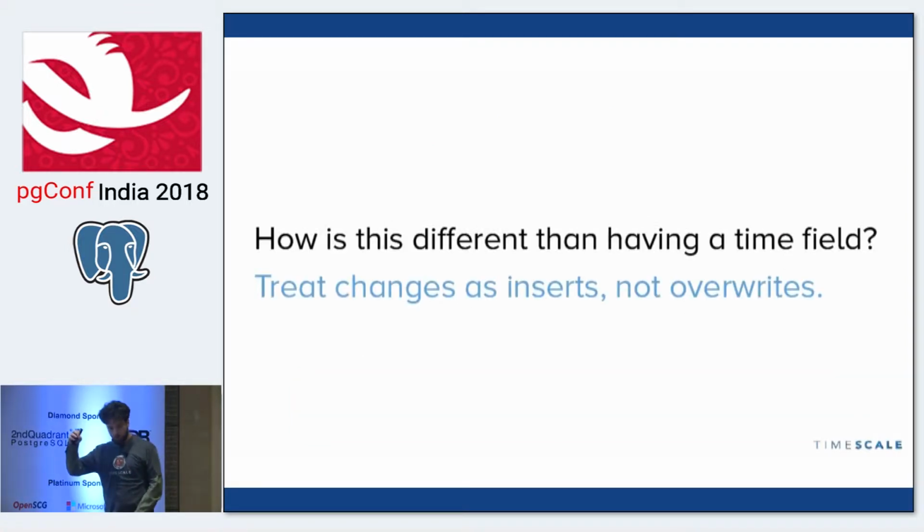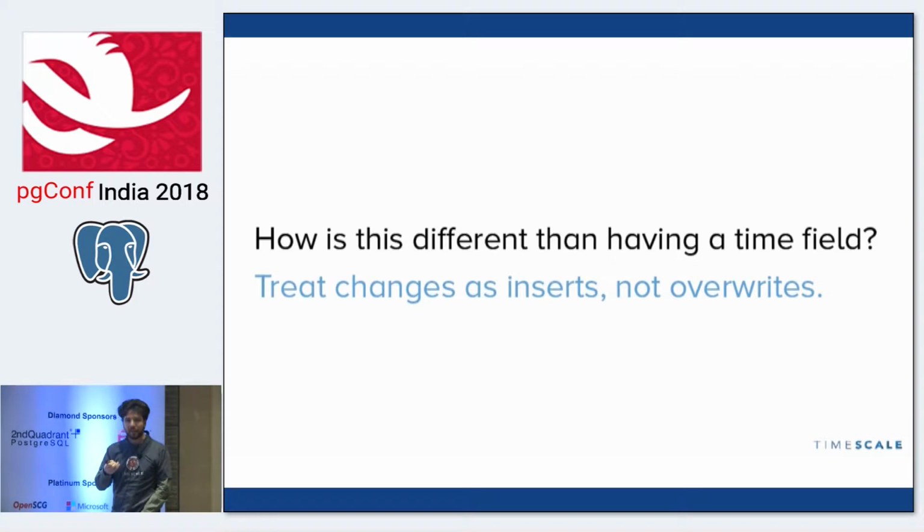And you might then ask, how is this different from simply any table that has a timestamp in it? And it's not that different. The only difference is that this is not the update-heavy OLTP workload you are looking for.